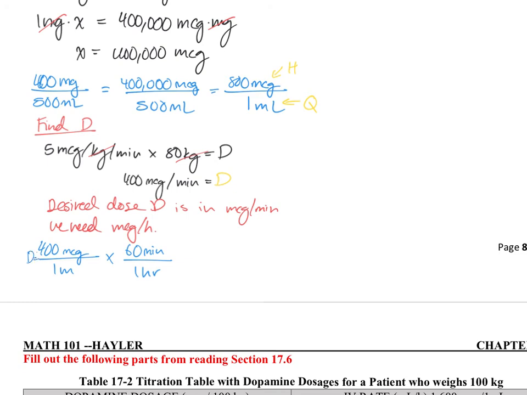The minutes cancel out, and we are left with 24,000 micrograms per hour, which we needed. So we converted from minutes to hours, and our desired dose D is now in the correct units of micrograms per hour.